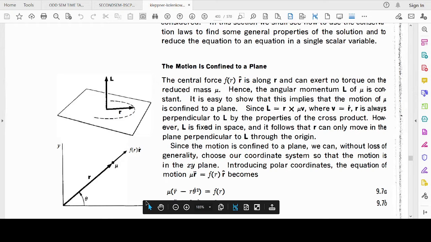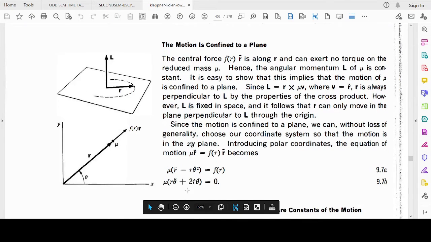So the central force equation, ma, that is mu r double dot, that is the force, equal to f of r into r cap, will become, in this case, mu into r double dot minus r theta dot square equal to f of r.